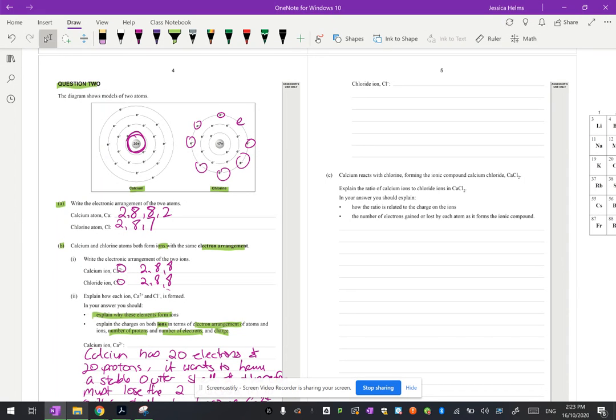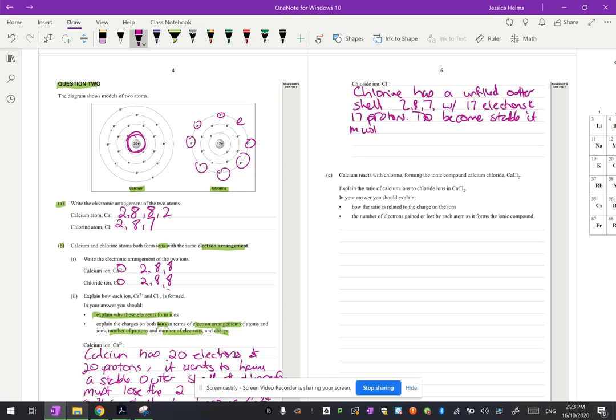Okay, now chlorine has an unfilled outer shell of 2, 8, 7, so it's got 17 electrons and 17 protons. To become stable, it must gain an electron and fill the outer shell.